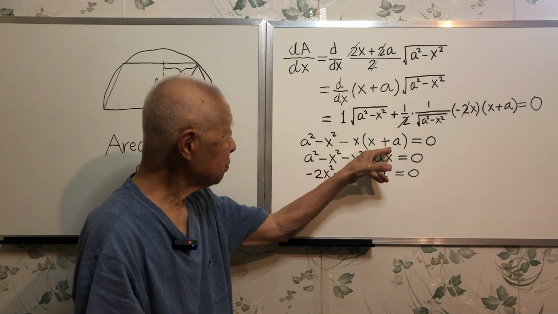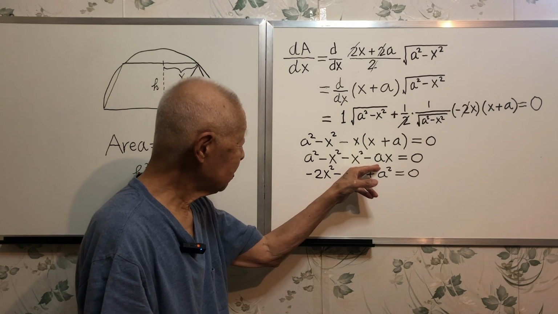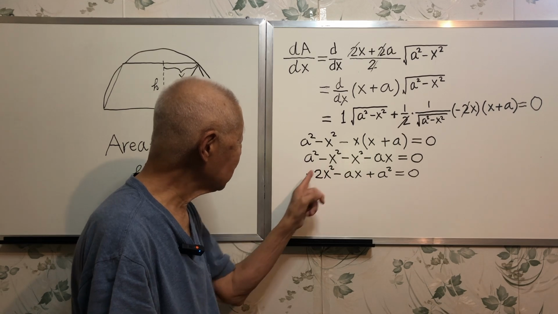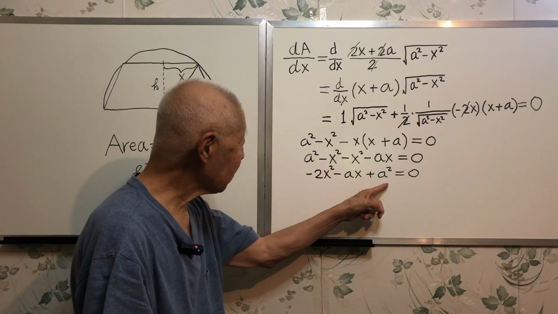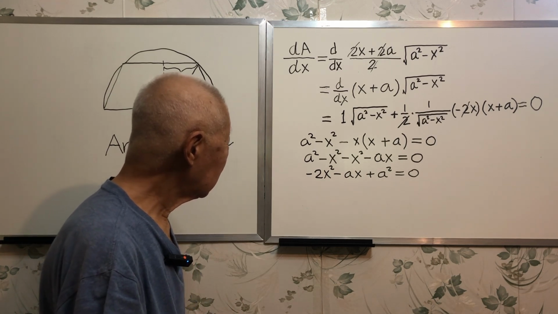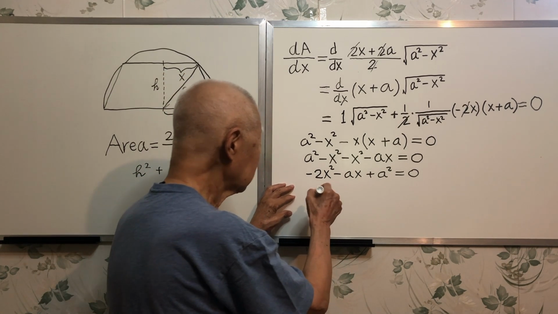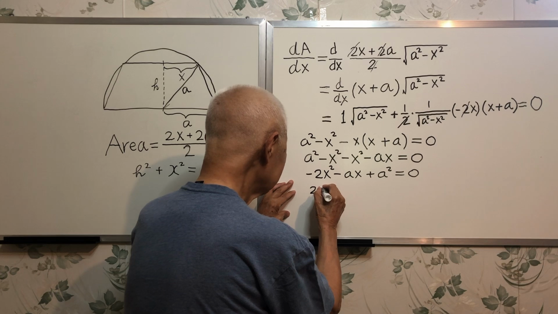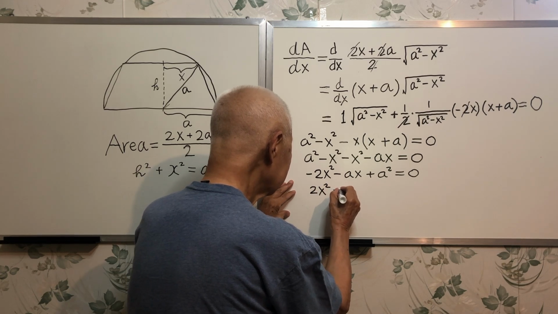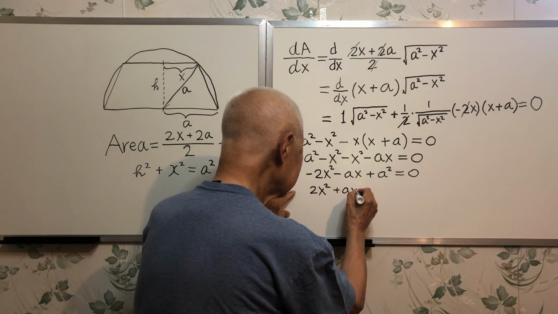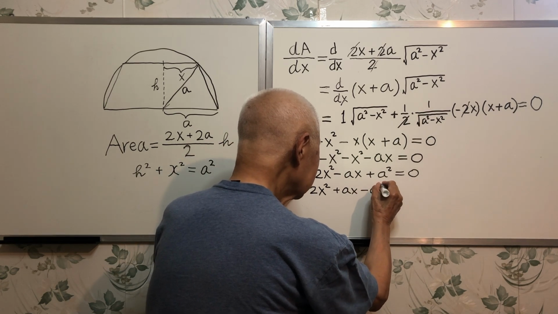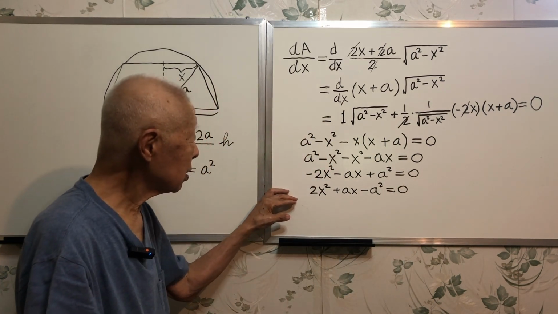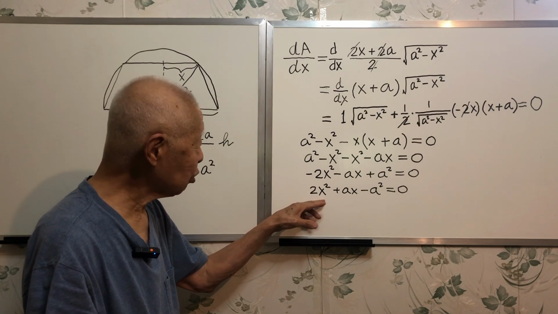Expand this, I have this. Collect terms, minus x squared, minus x squared, minus 2x squared. Multiply the whole thing by -1. Use the quadratic formula to find x.